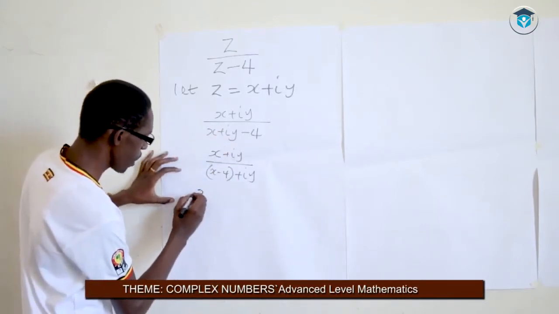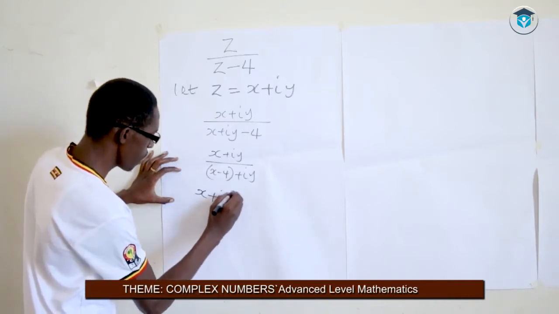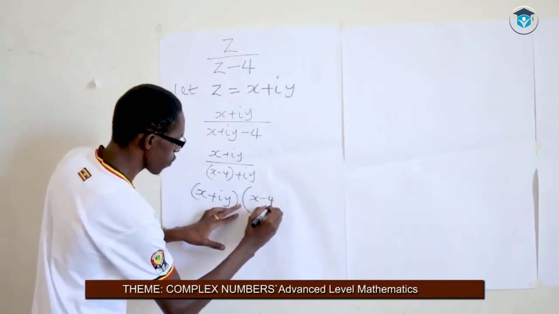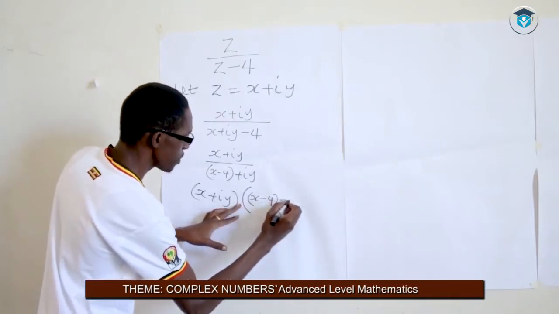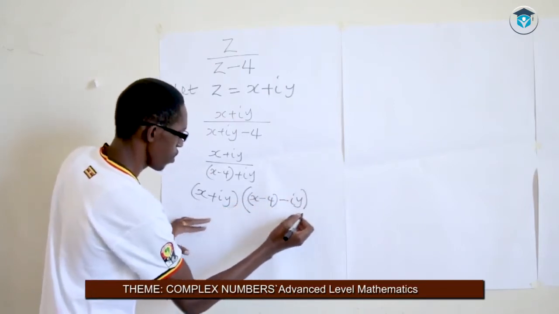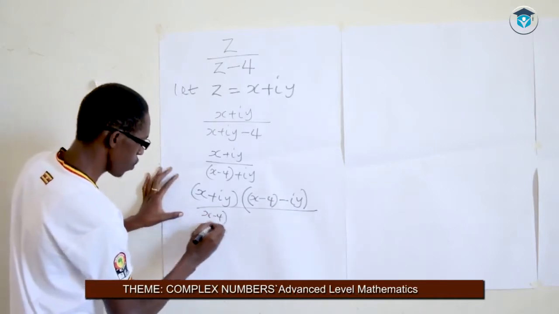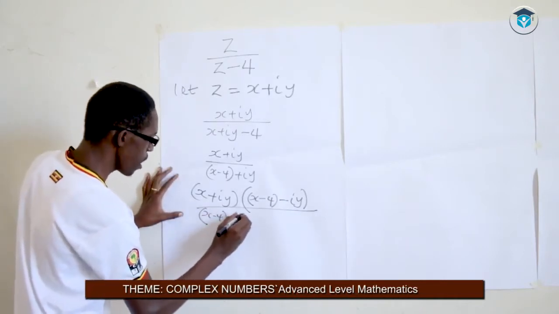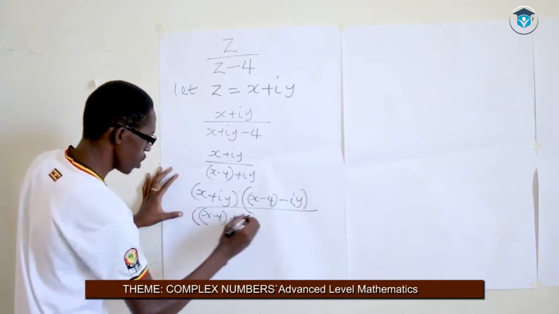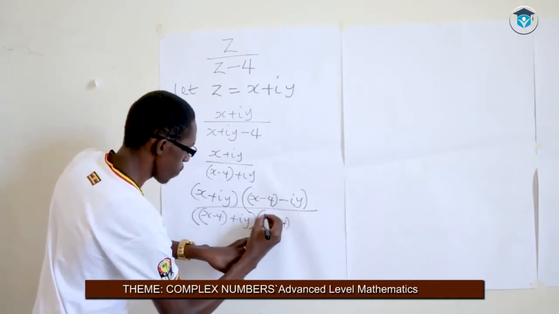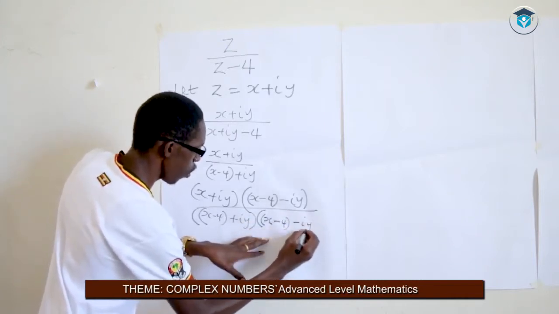Thereafter, we shall say it is x plus iy into x minus 4 minus iy, everything over x minus 4 plus iy into x minus 4 minus iy.